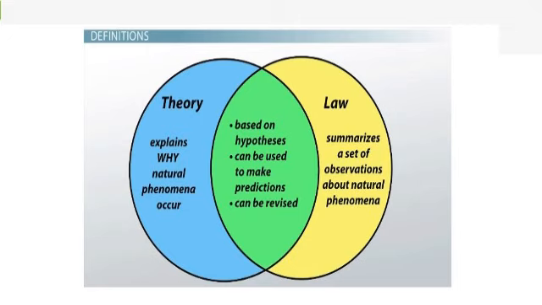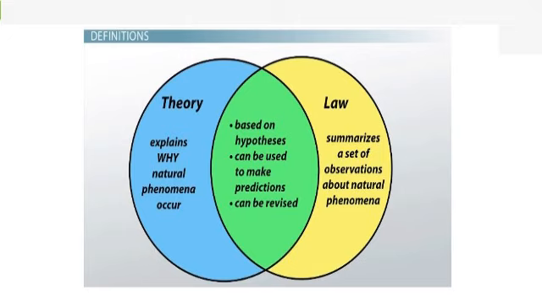A productive theory keeps on suggesting new hypotheses, and so testing goes on. While for a law or principle, if a theory survives all doubtful approaches and continues to be supported by experimental evidence, then it becomes a law or principle.